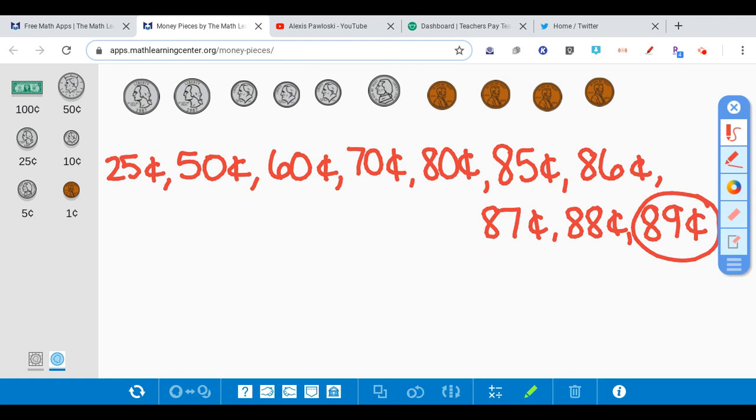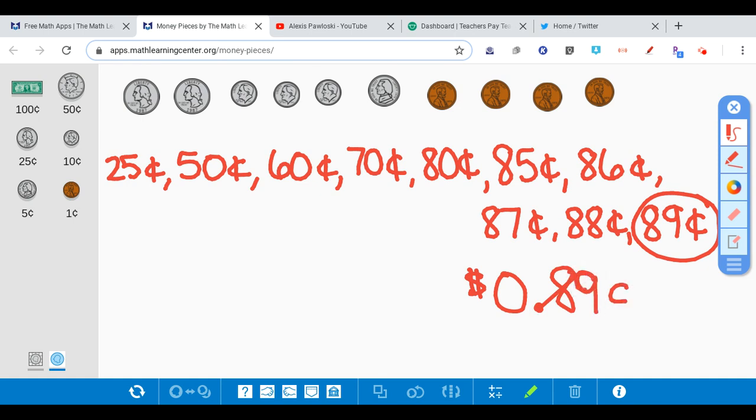And we might see it written as 89 with our cent symbol. Our cent symbol always goes after the amount. Or you may see it with a dollar sign that goes before the amount, where we have $0 and remember that decimal means 'and', 89 cents.